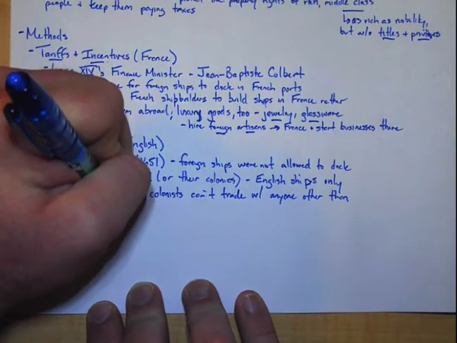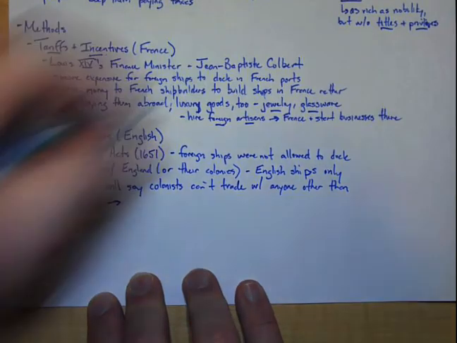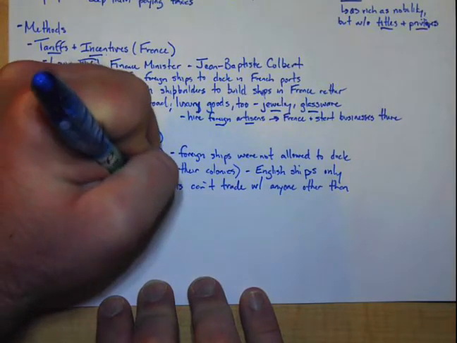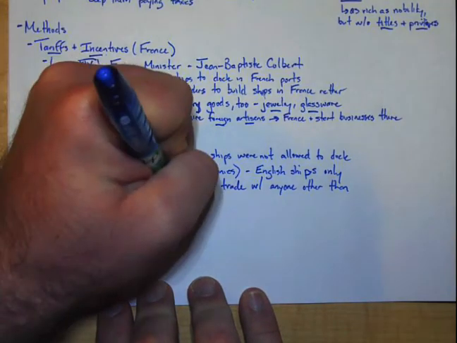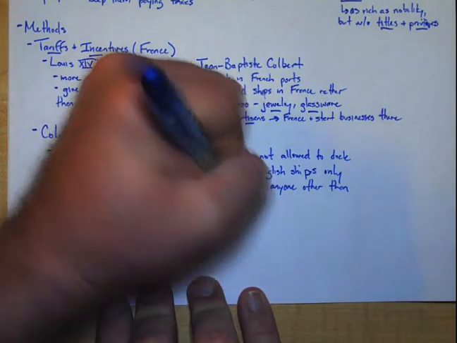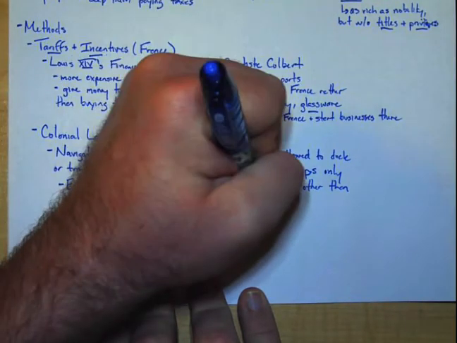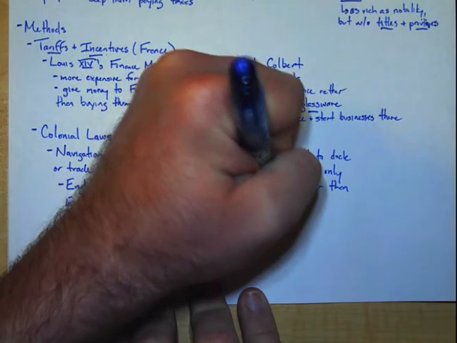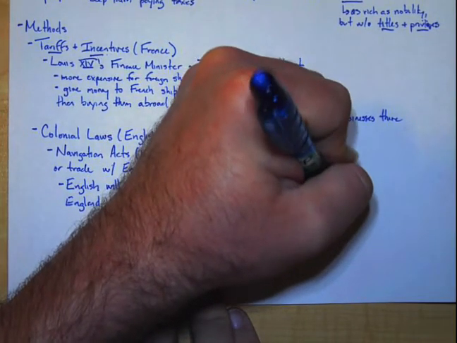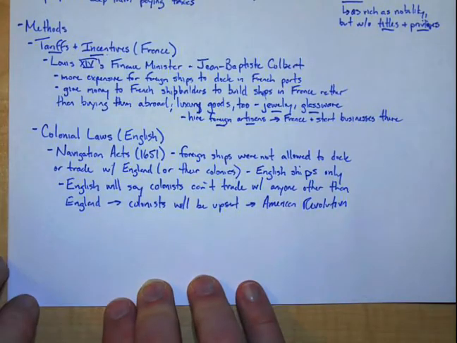This is going to be a big problem for the English colonists. The colonists will be upset, and that will eventually be one of the reasons for the American Revolution, which we will cover later.